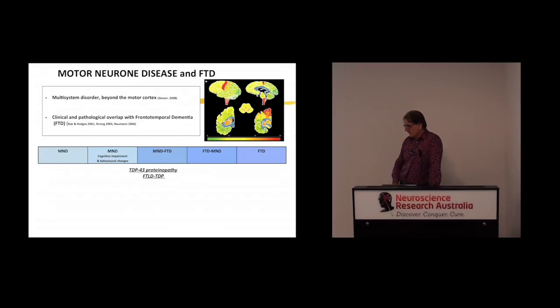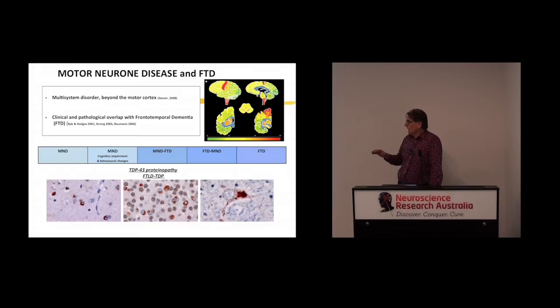But then the pathology in MND was discovered to overlap very considerably with the pathology in FTD. The pathology that I described, the TDP43, which underlies at least a half of FTD cases, is the same pathology that's found in motor neuron disease. So they share a pathology. And recently, the C9 gene has been found in a lot of these overlap cases. So there's a clinical, pathological, and genetic link between FTD and MND.